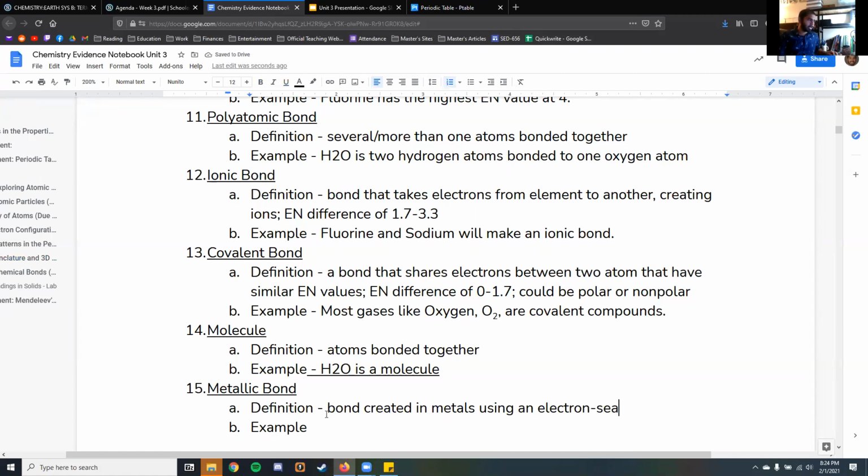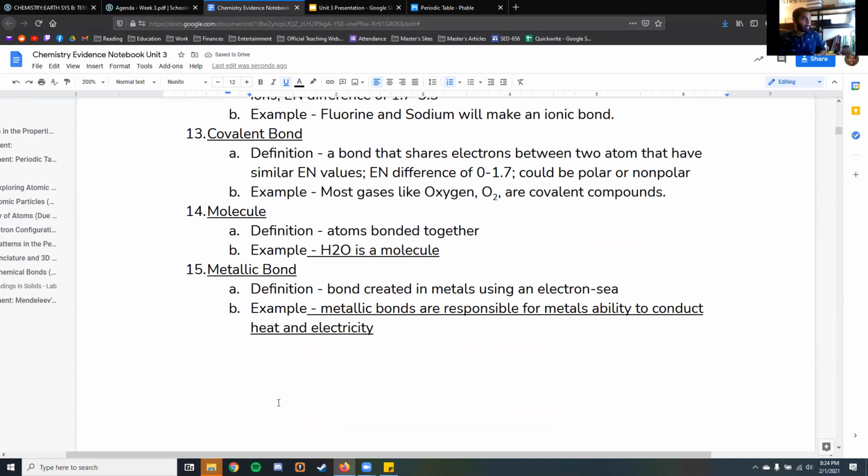And I'll talk about that in a second. Metallic bonds are responsible for metals' ability to conduct heat and electricity. All right, that was a real quick, just kind of forgot to pull that in there.